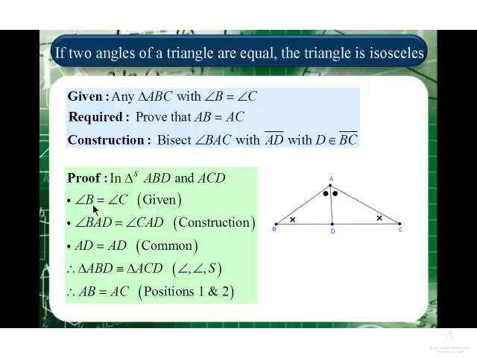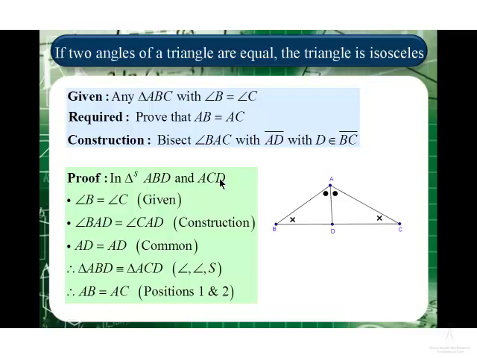We're given that the two angles B and C are equal, which we started out with. We have constructed the line segment AD such that angle BAD is equal to angle CAD. These two angles then are also equal. So we have two pairs of correspondingly equal angles for the triangles ABD and ACD respectively.